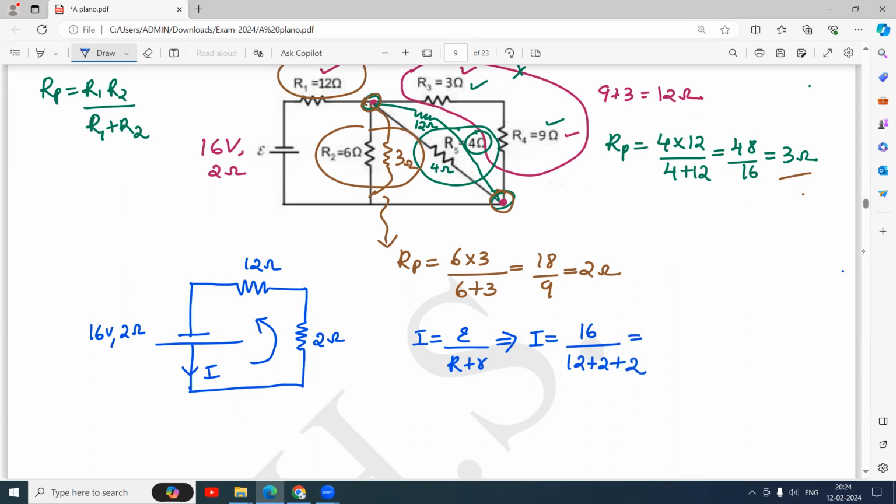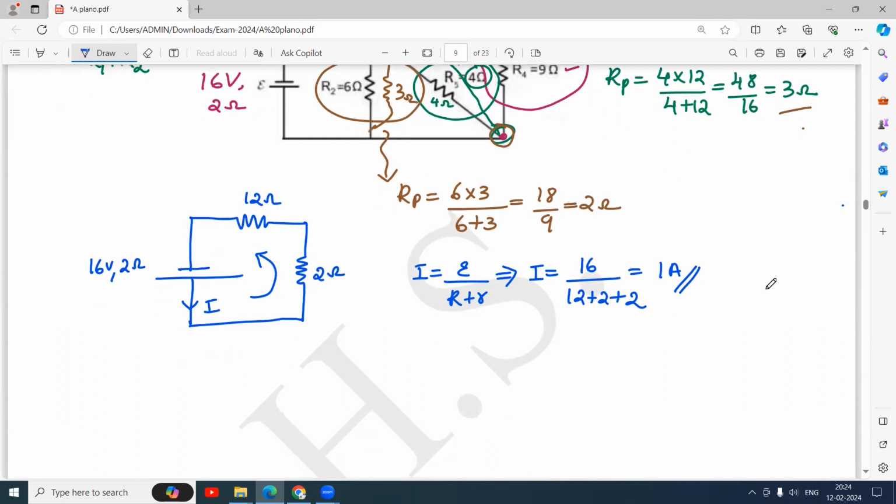So that comes to 16 by 16, that is 1 ampere. Now the voltage across 12 ohm: you can use V equal to IR. Voltage across 12 ohm, I is 1 ampere, resistance is 12, so it is 12 volt.